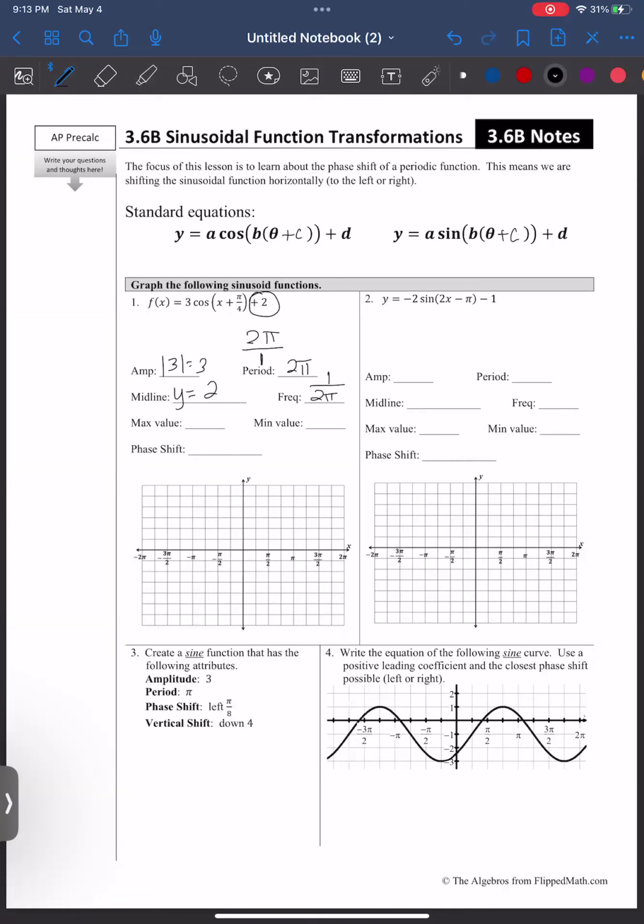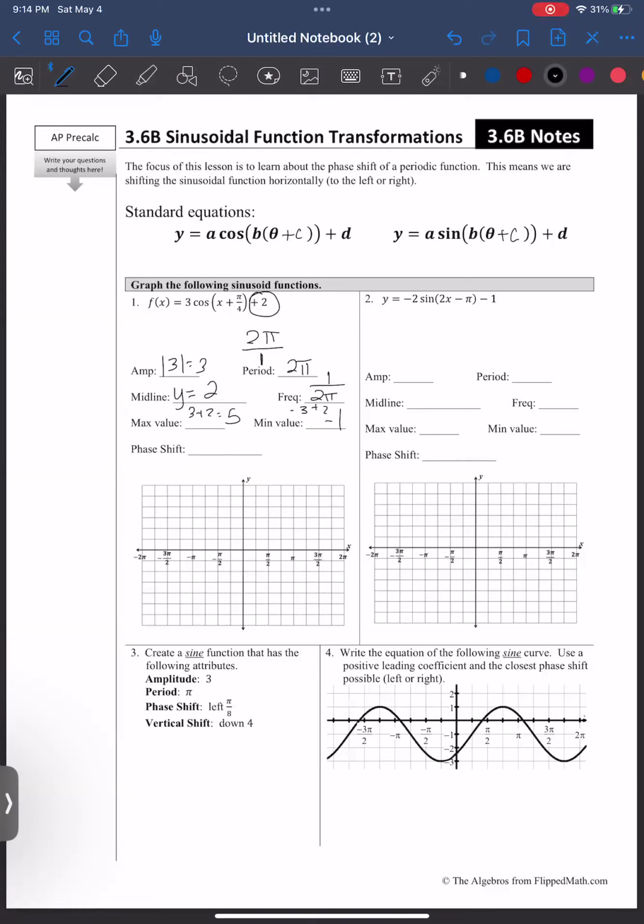So a maximum would be 3 plus 2, which would give me a 5, while the minimum would have to be a negative 3 plus 2, which would equal negative 1. So remember that the amplitude is going to be positive for maximum, and your minimum is going to dip under. So it's going to be at negative 3. But since I have that midline of a plus 2, I need to move my graph up 2 units.